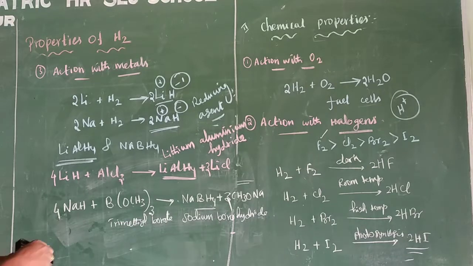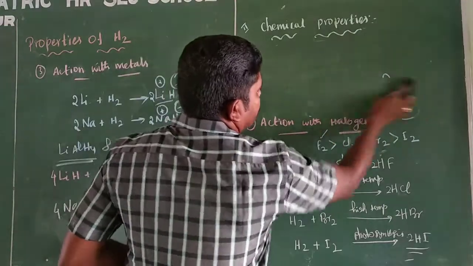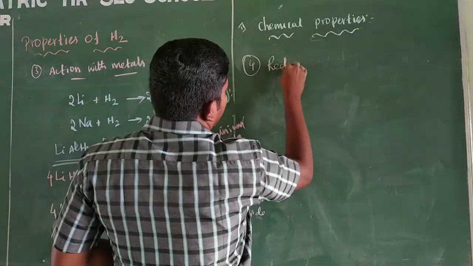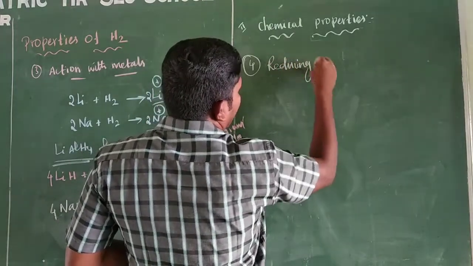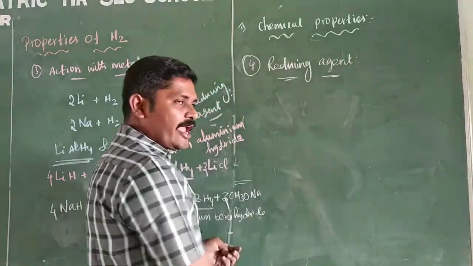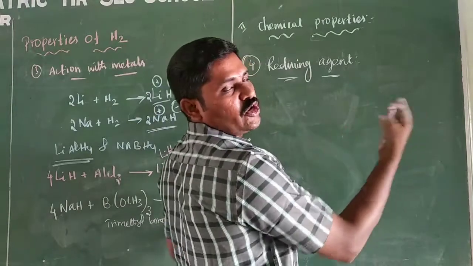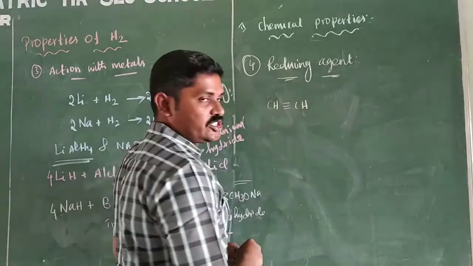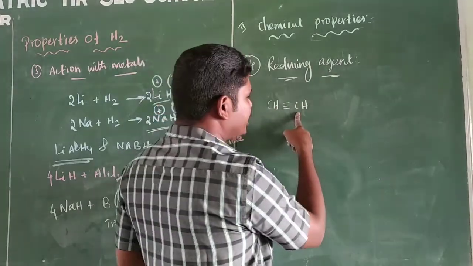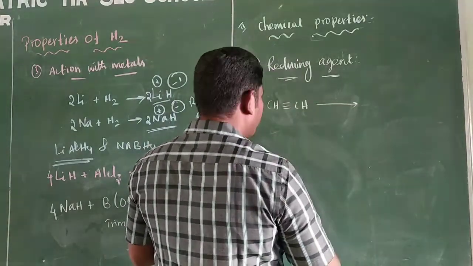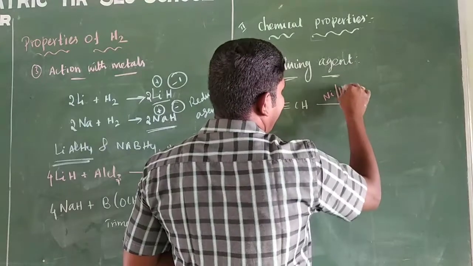The fourth one, hydrogen acts as a reducing agent. The unsaturated hydrocarbon is converted into saturated hydrocarbon. For example, CH triple bond CH, an alkyne, in the presence of nickel and hydrogen.